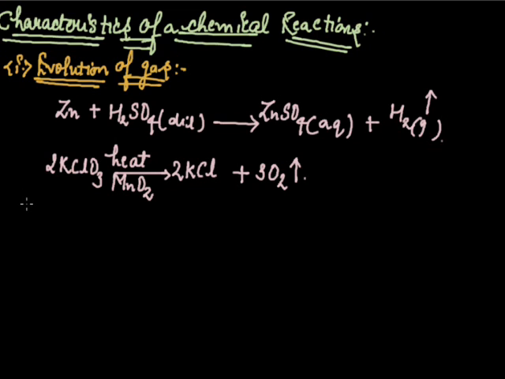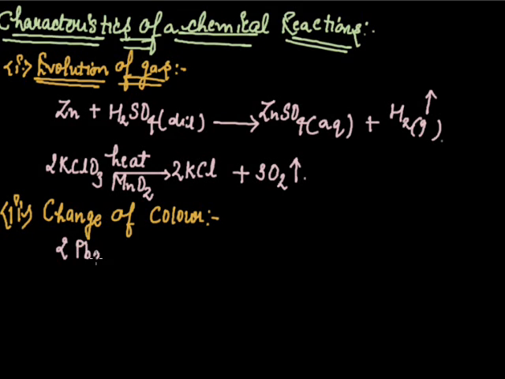The second one is change of color. Certain chemical reactions are characterized by a change in the color of the reacting substances. Now we'll see the reactions. Red lead oxide, that is Pb3O4, is formed by the combination of two molecules of PbO and one of PbO2.